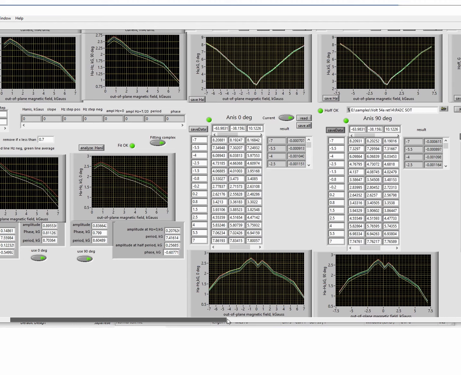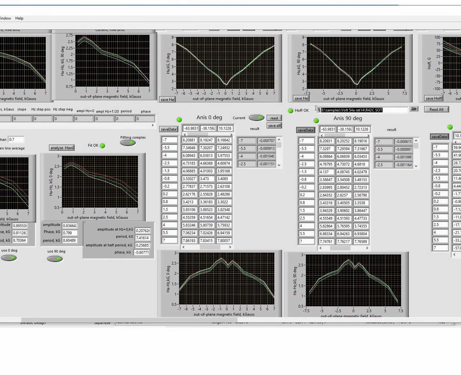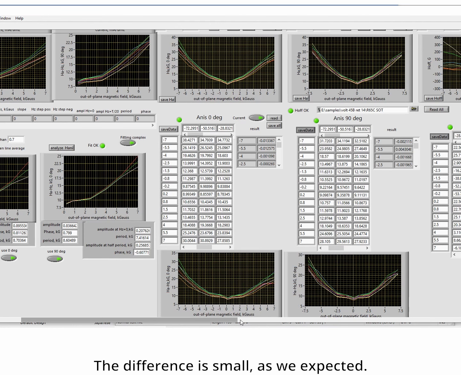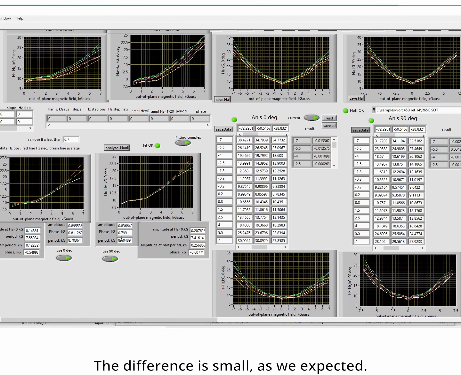So let's copy and paste the directory here and read. The difference is small, as we expected.